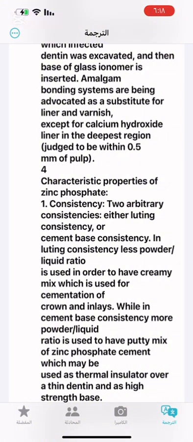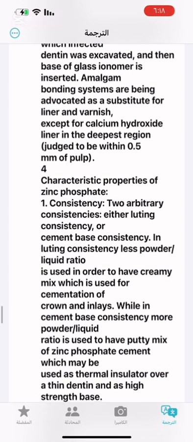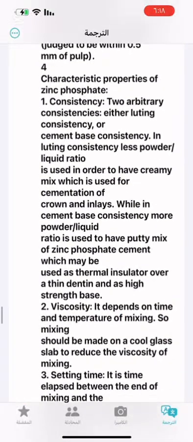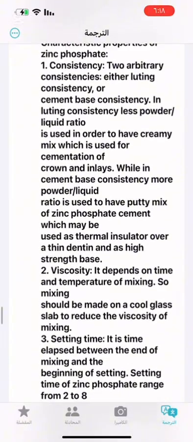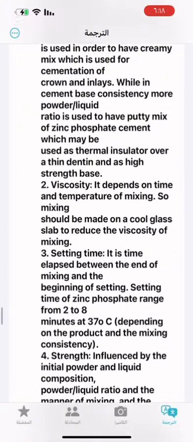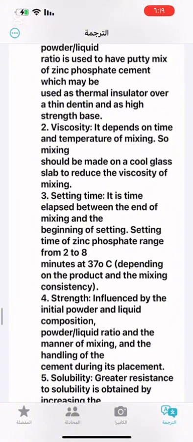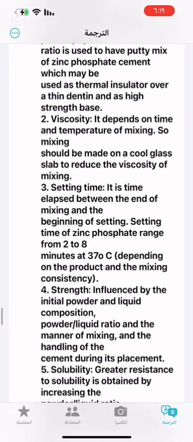In luting consistency, a lower powder-liquid ratio is used in order to have a creamy mix, which is used for cementation of crowns and inlays, while in cement-base consistency, a higher powder-liquid ratio is used to have a putty mix of zinc phosphate cement, which may be used as thermal insulator over a thin dentin and as high-strength base.